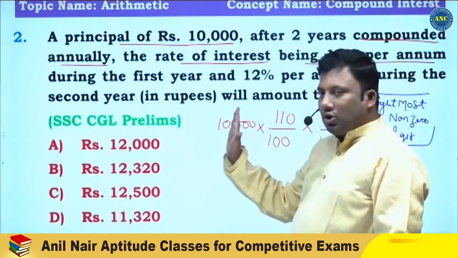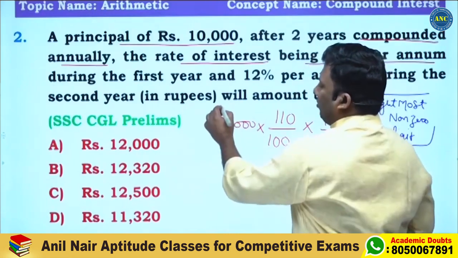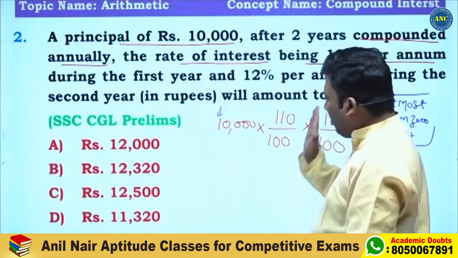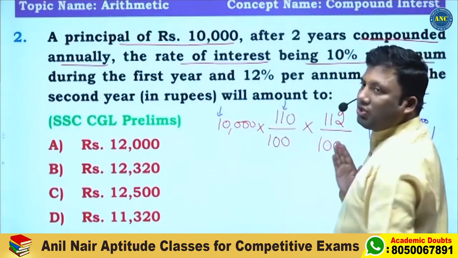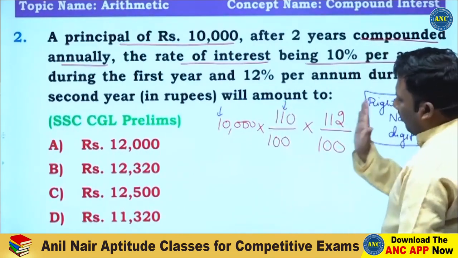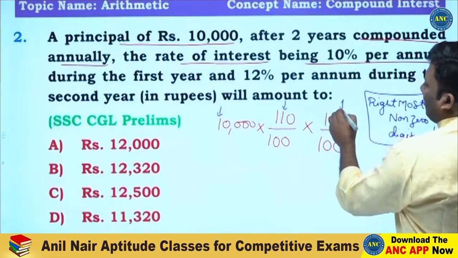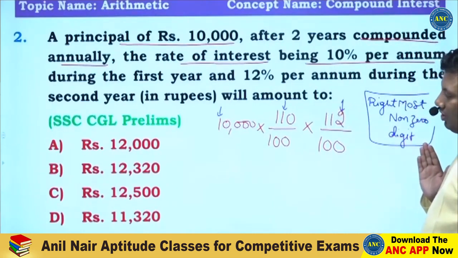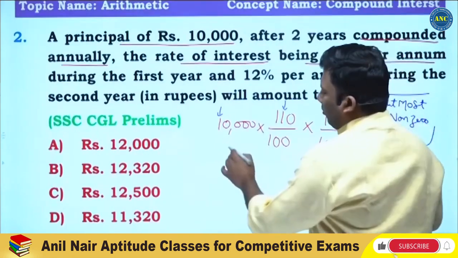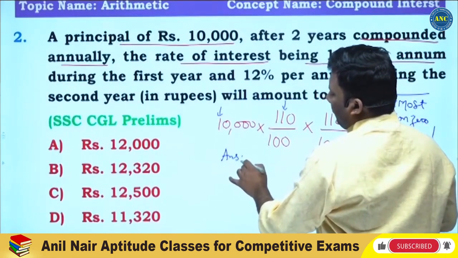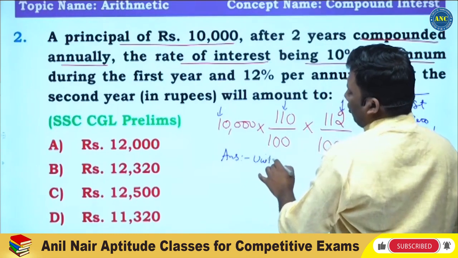Go from right to left. What is the first rightmost non-zero digit? 1. 110. Go from right to left. What is the first rightmost non-zero digit? 1. Go from right to left. What is the first rightmost non-zero digit? 1. 2 ones are 2. Answer unit digit should be 2.